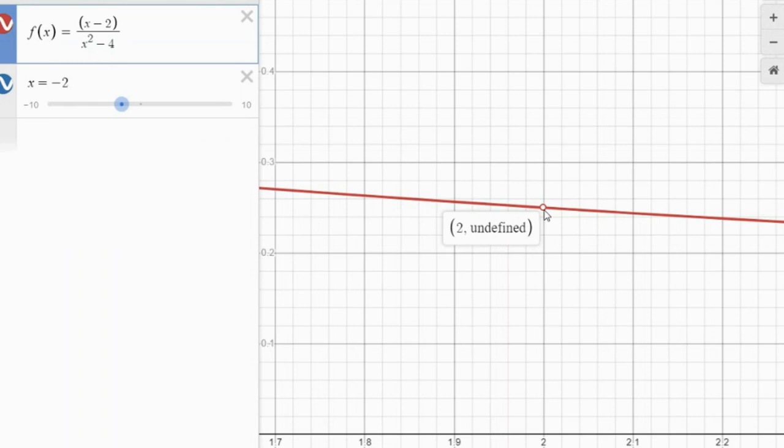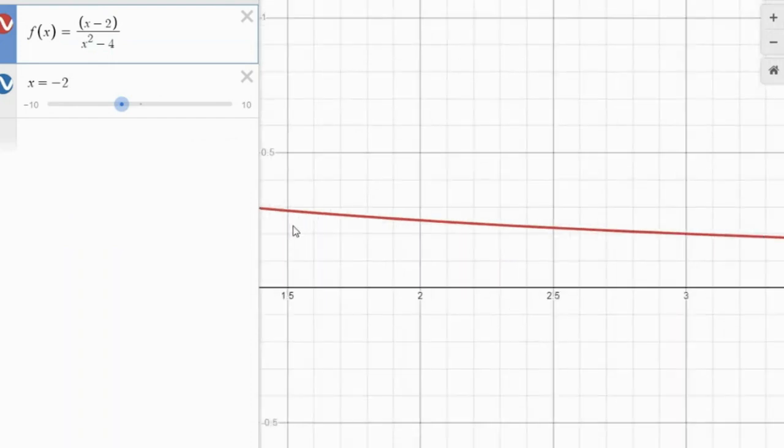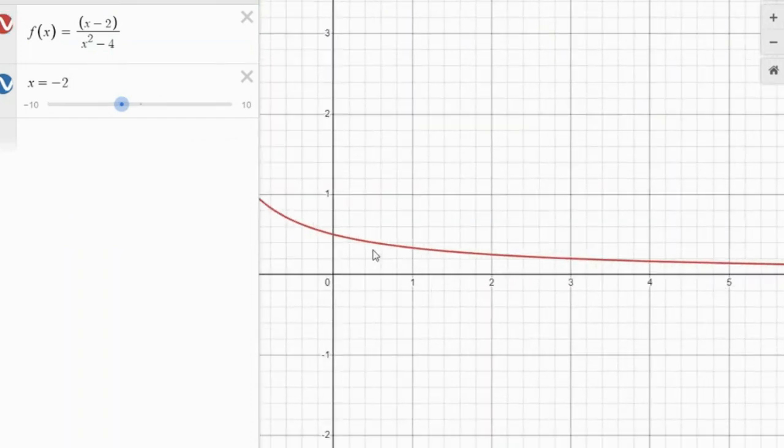So you need to be able to identify it by looking at the equation. The graph does not exist at exactly 2. It exists larger than 2, smaller than 2. Only exactly at 2 does this graph not exist. So that's the hole in the graph that we saw when we were looking at the equation. It's not so easy to see.